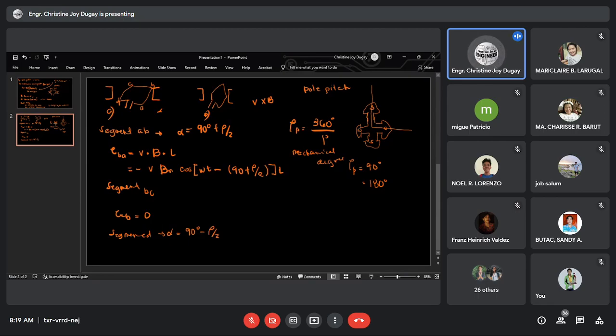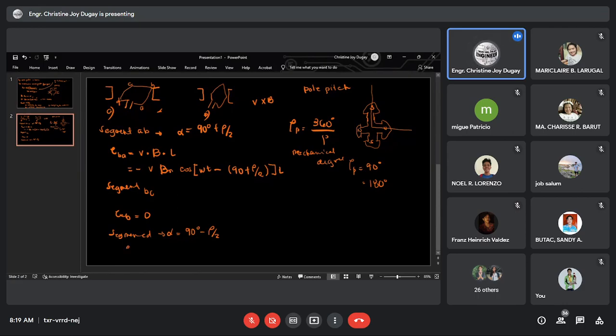If we assume that our B is outward, the angle of VB is 90 degrees, or VB is in the direction of L. That is why it is negative rho over 2.